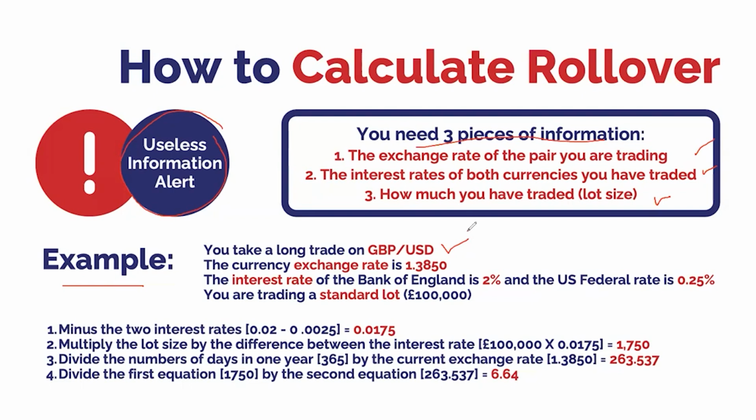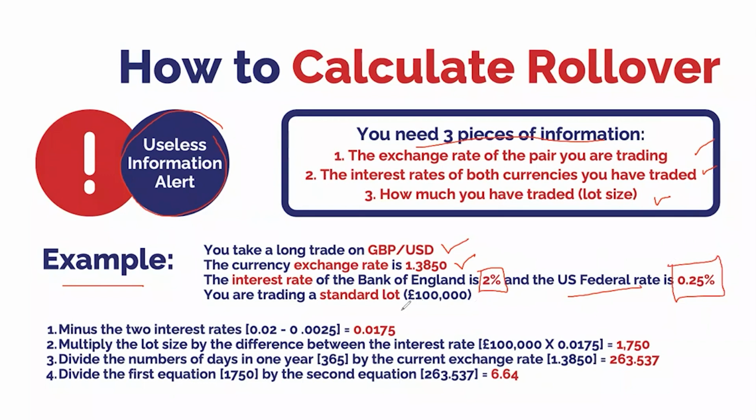We have our currency pair, which we're going to use. The exchange rate, for argument's sake, let's just say is 1.3850. We've already checked with our bank, and the Bank of England is now giving us a 2% interest rate. And then we've also checked with the Fed, and it's a 0.25% interest rate.